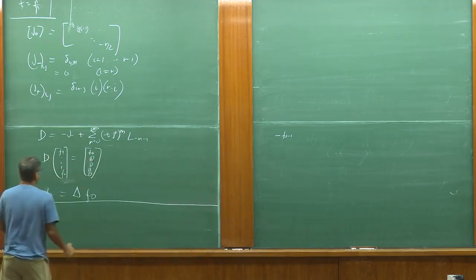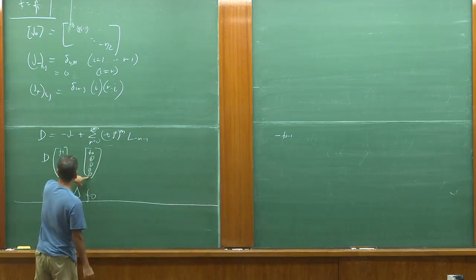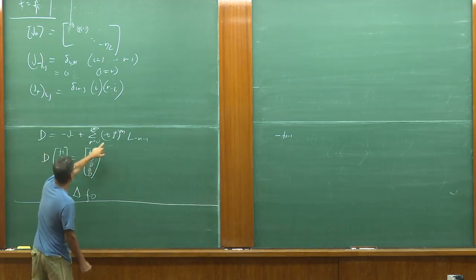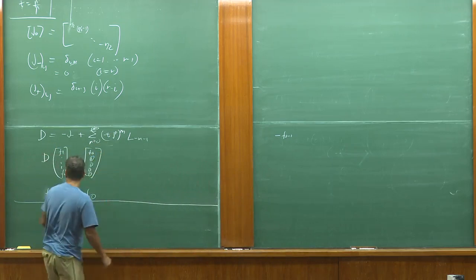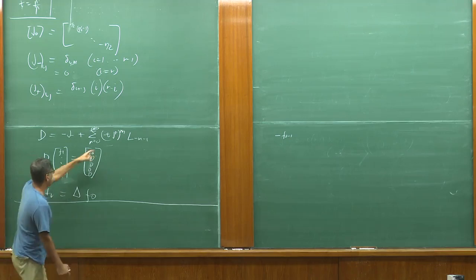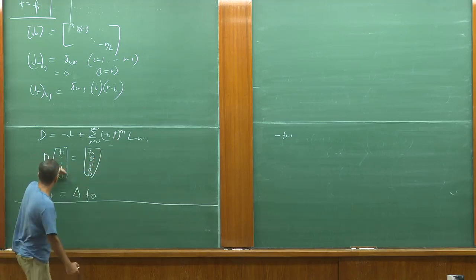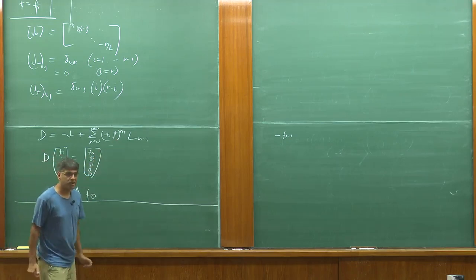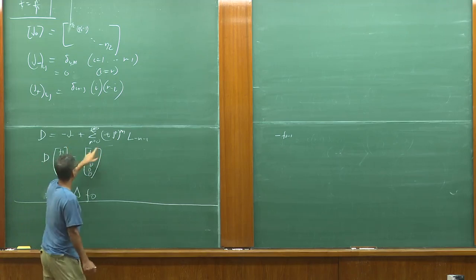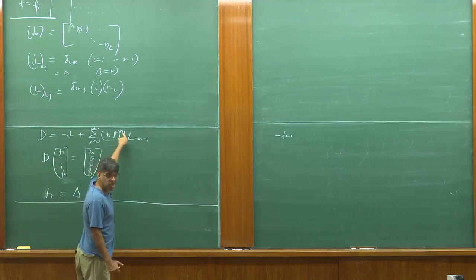Okay, this guy was a raising operator. So if any number of these j's act, this raises it and gives you 0. So the only one that contributed here was the guy m equals 0.